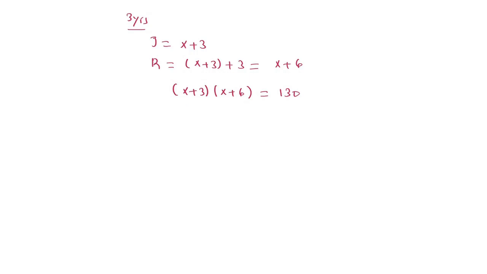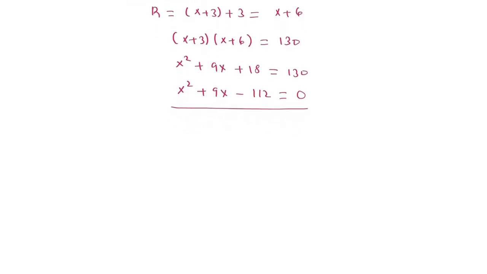We are going to have x squared plus 9x plus 18 equals 130. Let us express this equation in standard quadratic format. Our equation is going to be x squared plus 9x minus 112 equals 0. And this is the required equation.